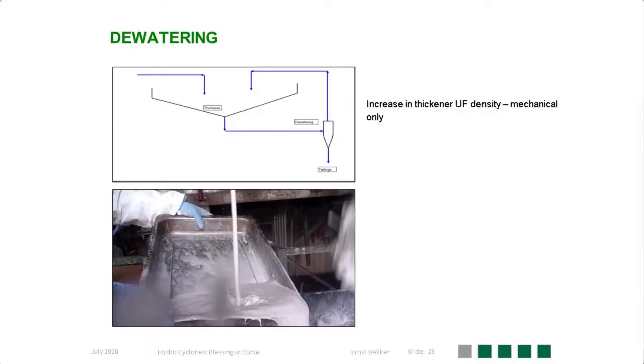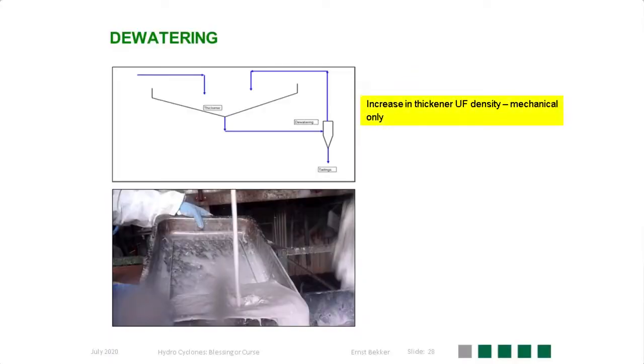Then we have the odd request, where the thickener underflow needs to be dewatered further via a hydrocyclone. Now the thickener is a mechanical device. It's got enough residence time, and if operated properly, it produces a very good underflow density.